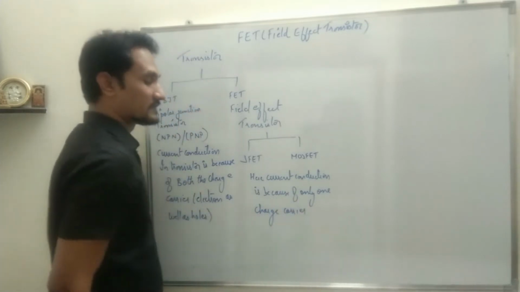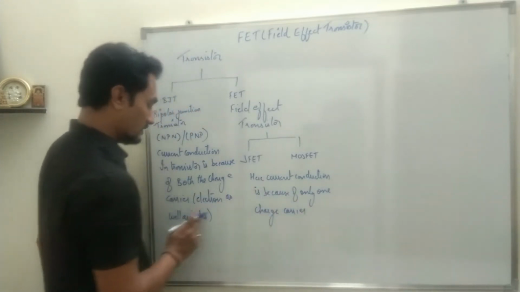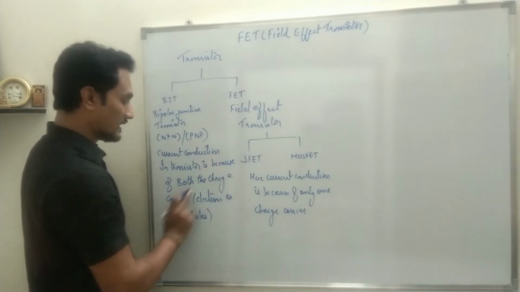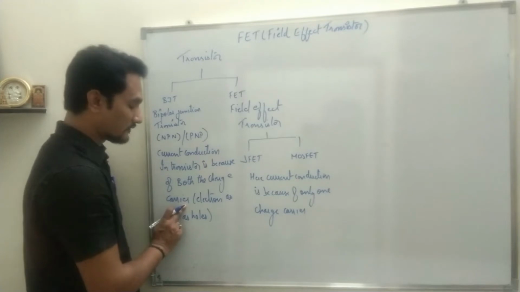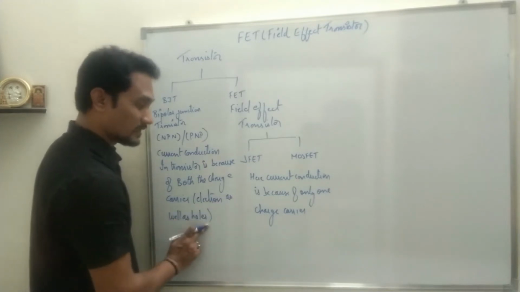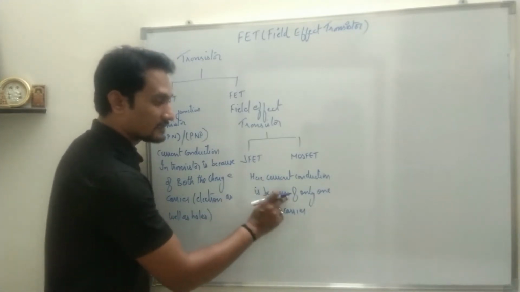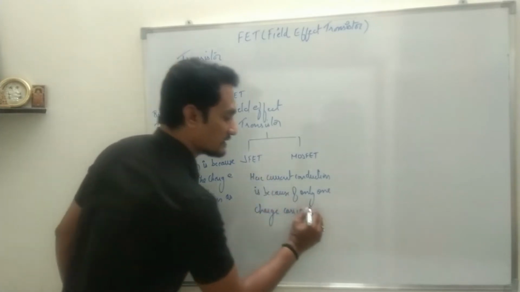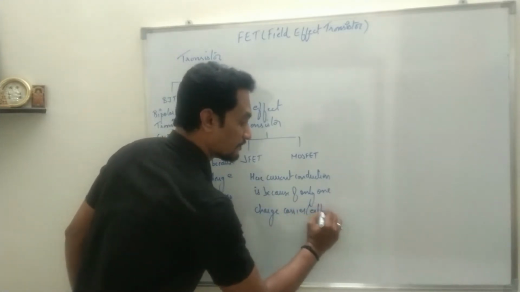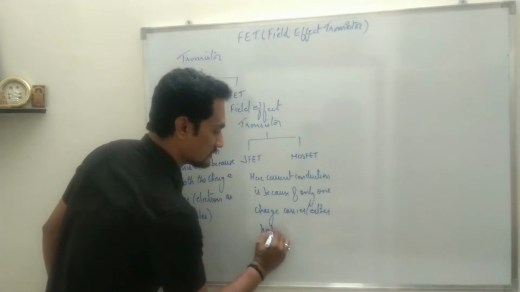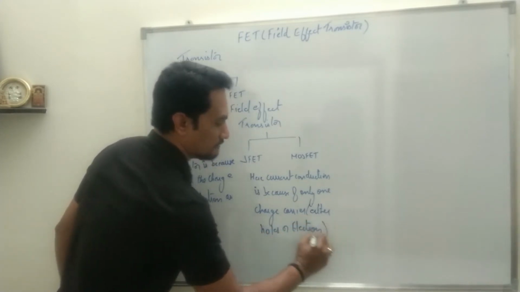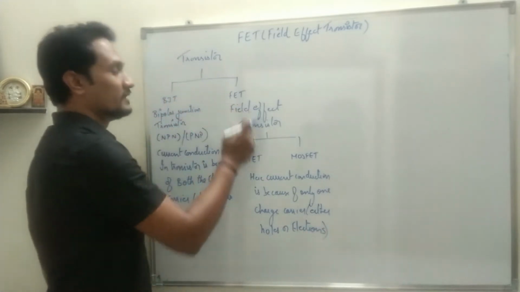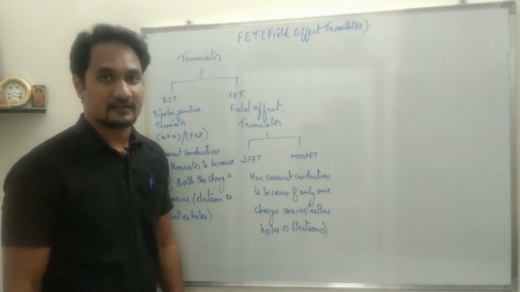In BJT both the charge carriers take part in current conduction, electrons as well as holes. Here the current conduction will be because of only one charge carrier, that is either holes or electrons. So that is the basic difference between BJT and field effect transistor.